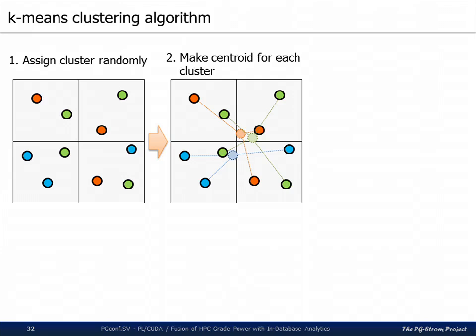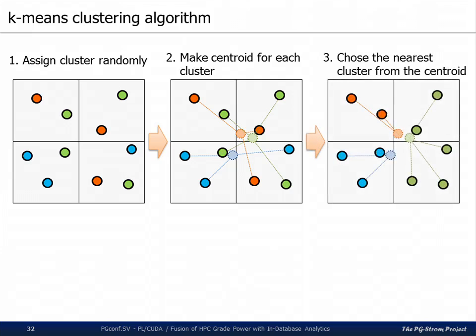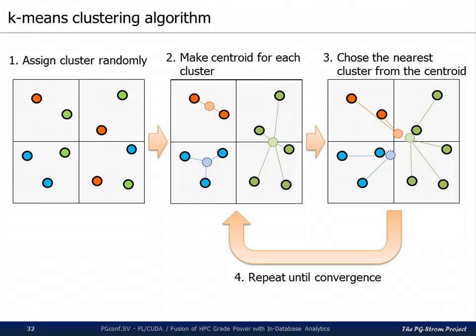Once we get the centroid of the items, we update the item's class according to the distance from the centroid. Once a centroid is updated, we iterate the location.